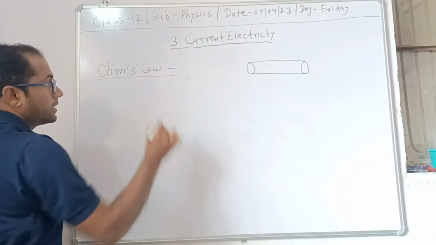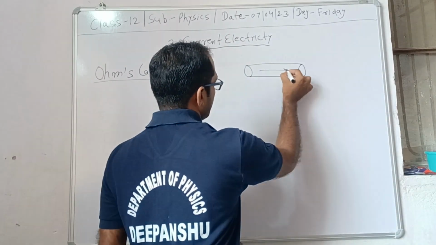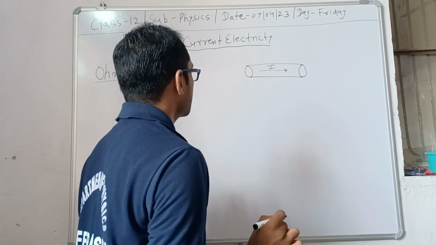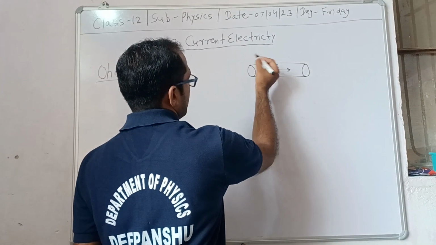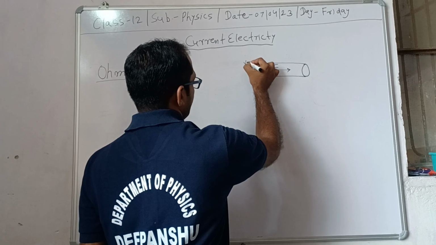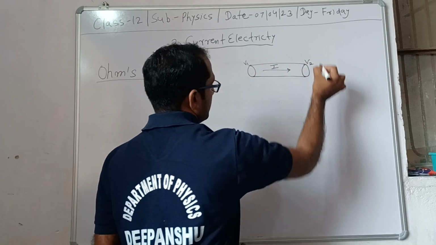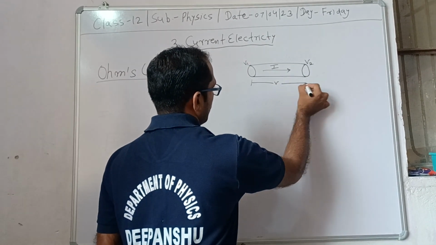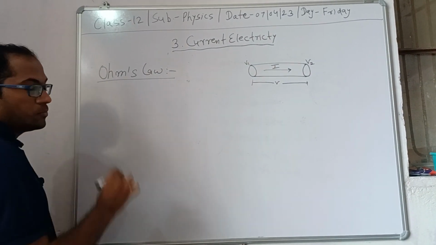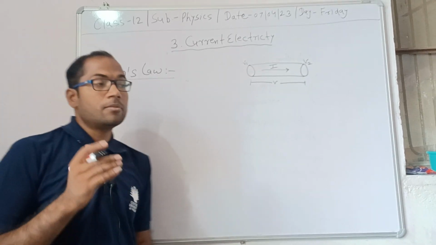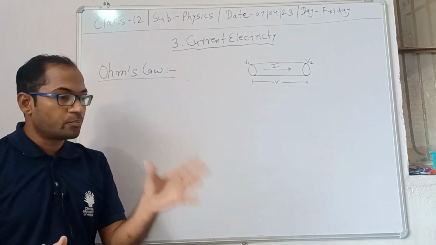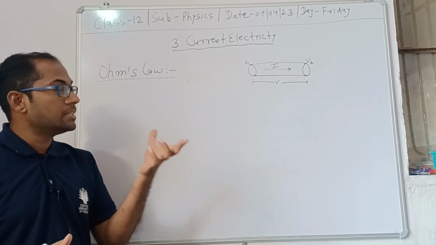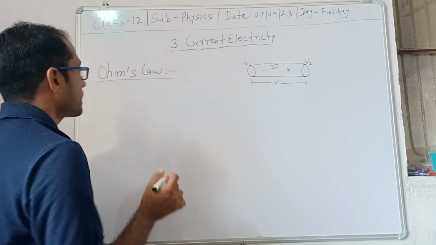This is a conductor and a current I flows in this conductor. The potential of this point is V1 and of this point is V2, and the total potential difference between them is V. So Ohm's law states that the current flowing between two points in a conductor is proportional to the potential difference.